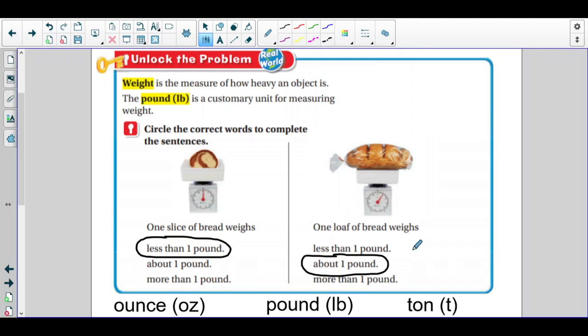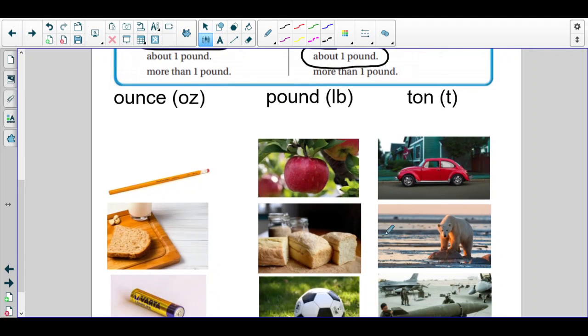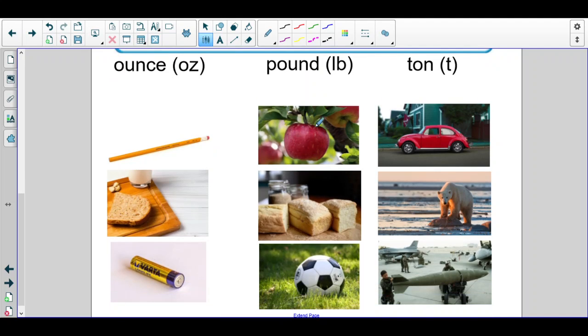All right, now we're going to take a closer look here, a deeper look here at these units. So a pound is what we've been talking about. All right, that's how maybe we would measure our weight. Some items that are about 1 pound are a large apple, a loaf of bread, and surprisingly, a soccer ball.